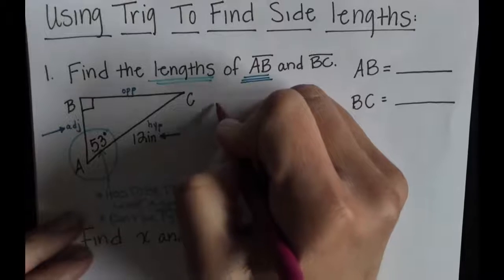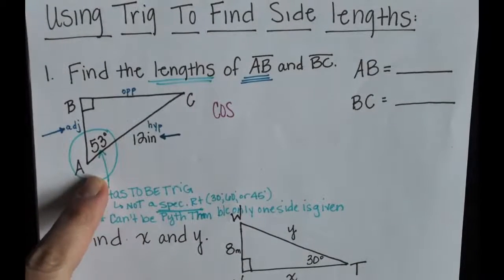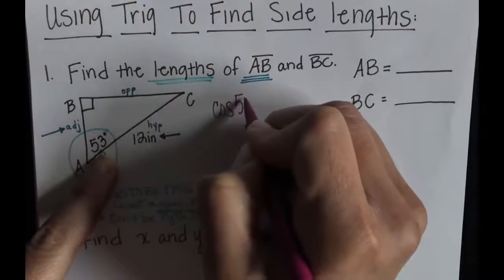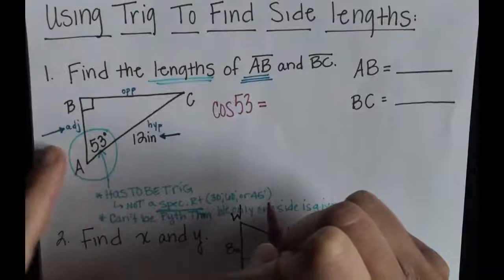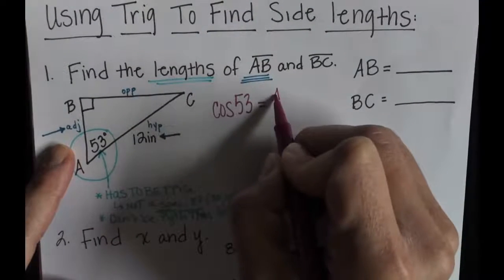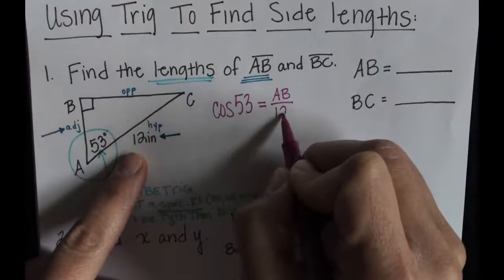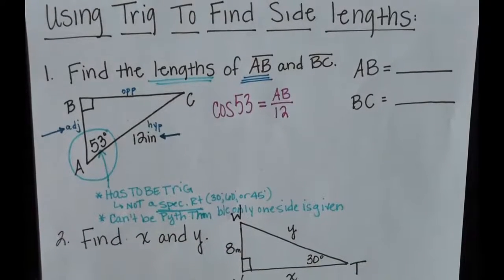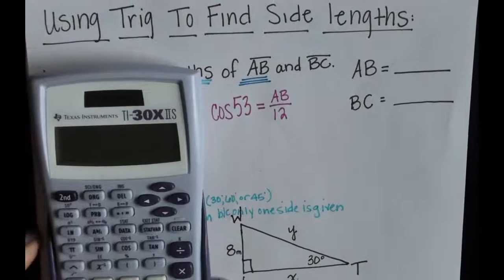So I'm going to write cosine, and instead of A or instead of theta, we have the 53 degrees to plug in. And its ratio is supposed to be adjacent, so that's our side AB, over the hypotenuse, which is 12. So we've plugged in all the unknowns to our definition, our equation.